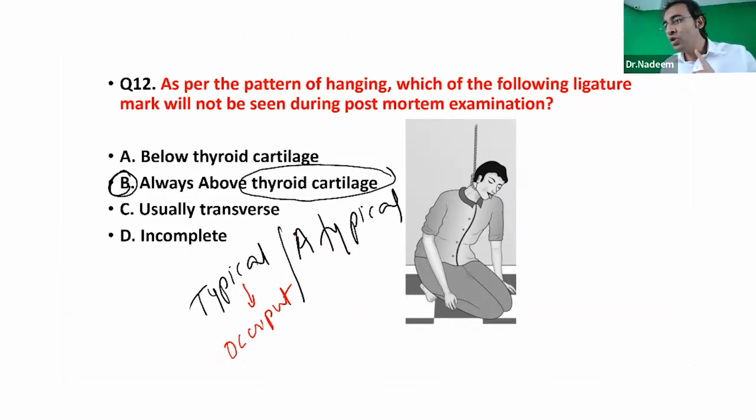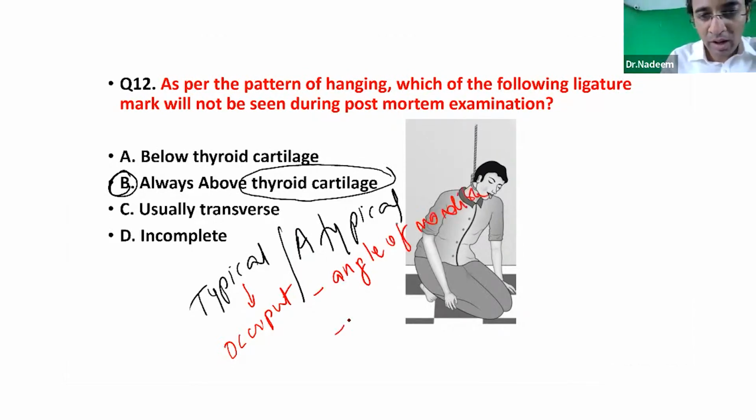But if you place it over the angle of mandible or below the chin, submental, that is atypical hanging.